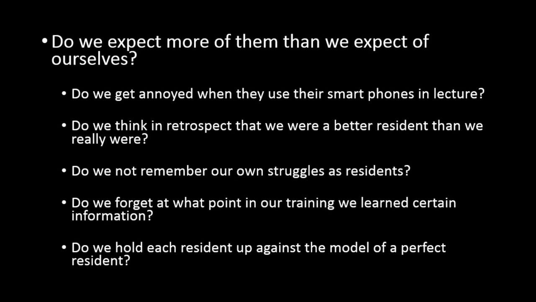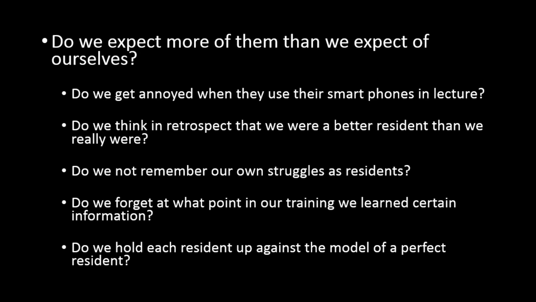And then finally, do we hold each resident up against the model of a perfect resident? This is sort of sometimes a syndrome I've seen. A few years ago, we had a really excellent resident. He was good at research, he was good academically, he was chief resident, he went on to be a fellow at our place. He just was really excellent across the board, did well in all of his rotations, handled work-life balance really, really well.